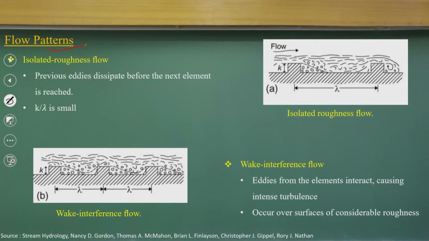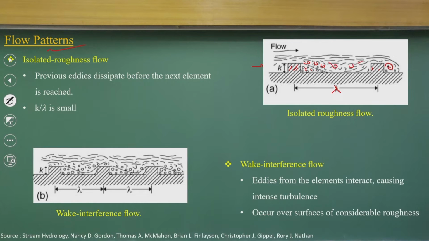For example, if I have roughness of height k, apart by a distance lambda, lambda being the distance between these two roughness elements, when you have the flow, there will usually be turbulence zones, no-flow or low-velocity zones, and there will be eddies.